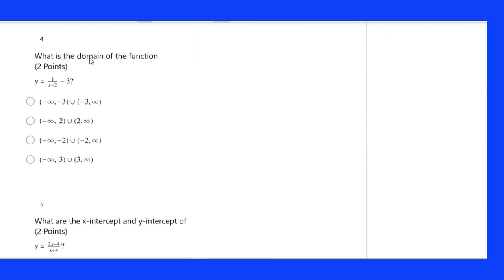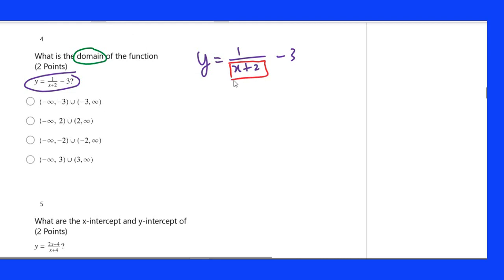For number 4, the domain for this function. This is a rational function: y equals 1 over (x plus 2) minus 3. For a rational function, the denominator is not equal to 0. So what is inside the denominator? x plus 2 is not equal to 0, which means x is not equal to negative 2.